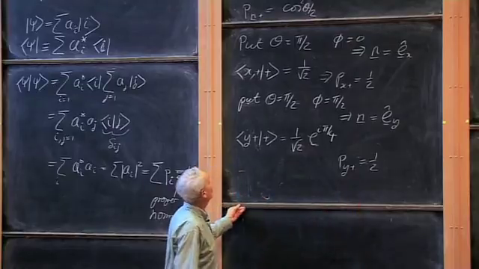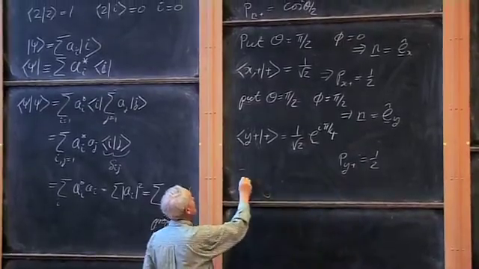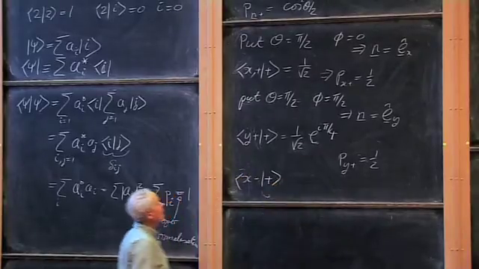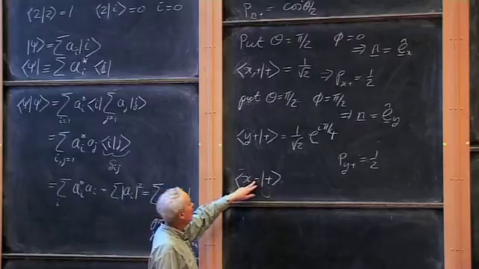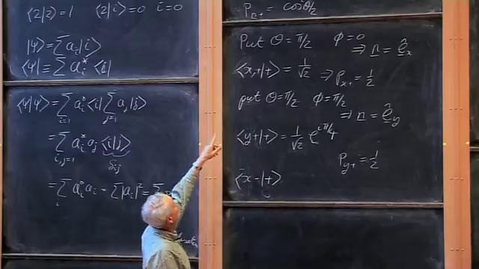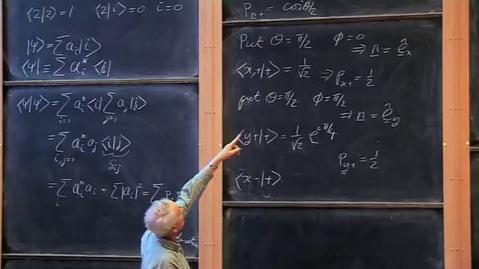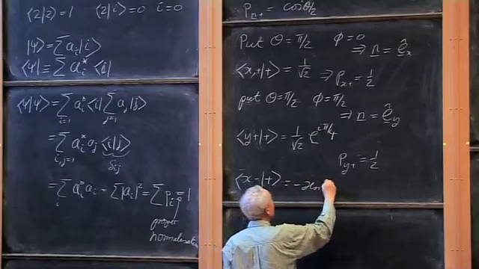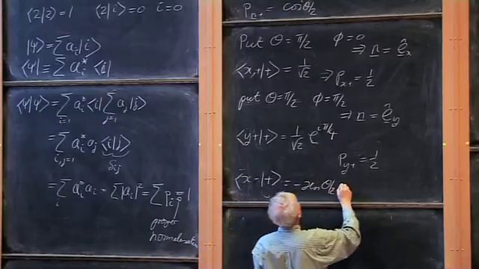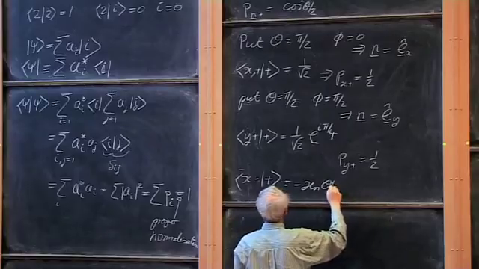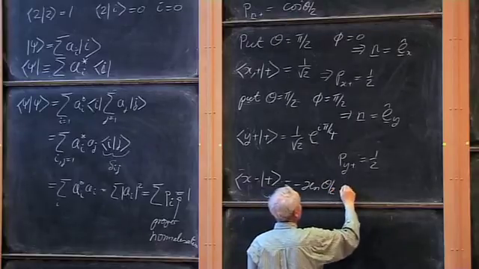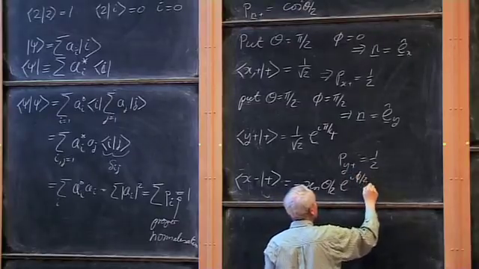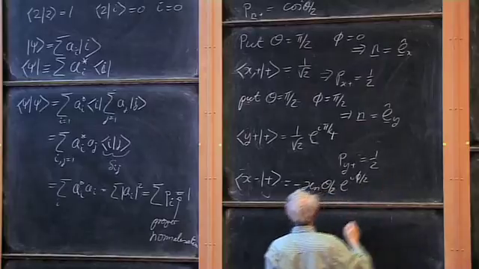If we calculate the corresponding negative amplitudes, let's find the amplitude that it's pointing minus on x. Then we have to take that n minus thing and bra it into plus, and what survives is minus sine theta over 2, e to the i phi over 2, that's it.